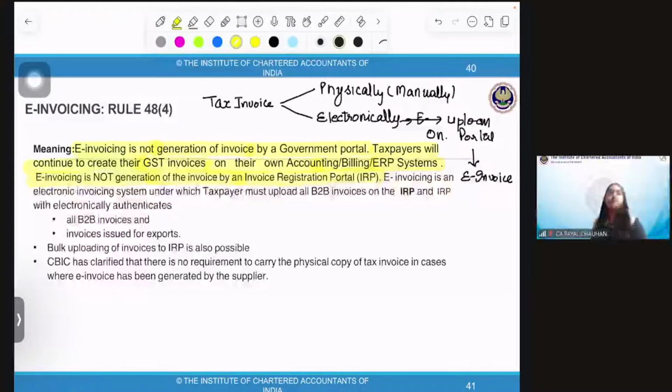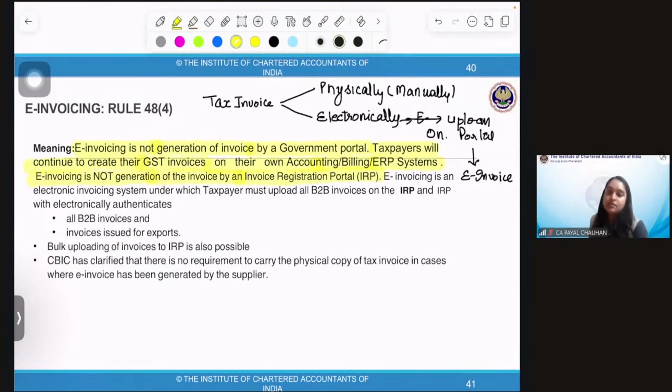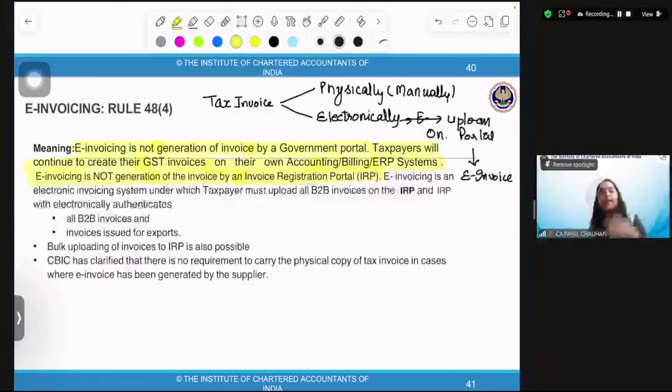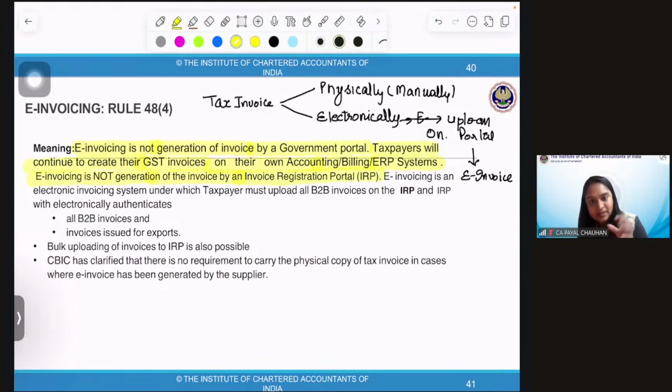There is a portal on GST which is known as the invoice registration portal. Once you issue an invoice, in some cases, not in every case, you have certain mandatory fields which have to be uploaded on the IRP. Once they are uploaded, they are authenticated by the department, and then the department issues you an e-invoice.